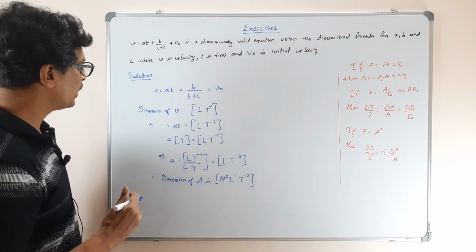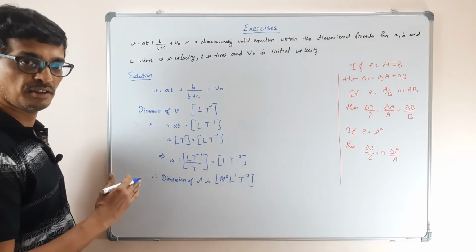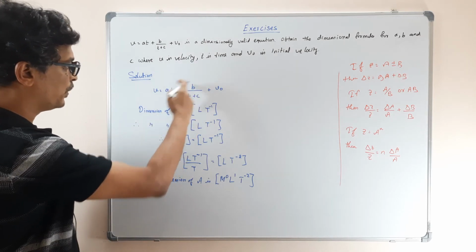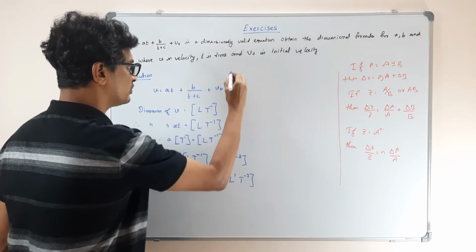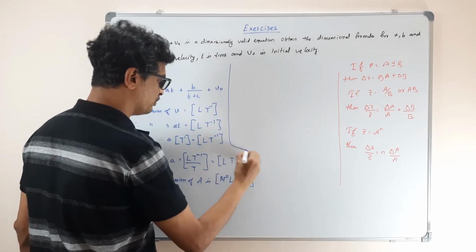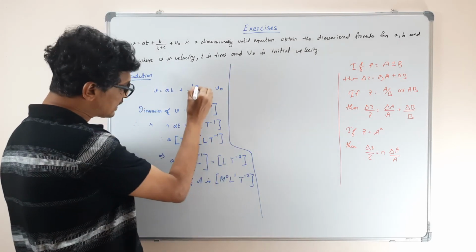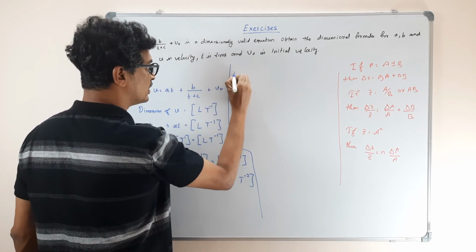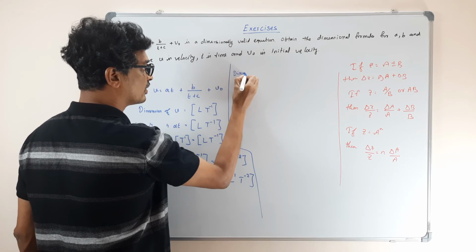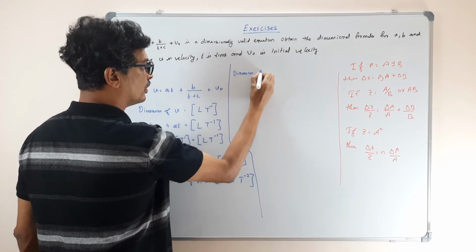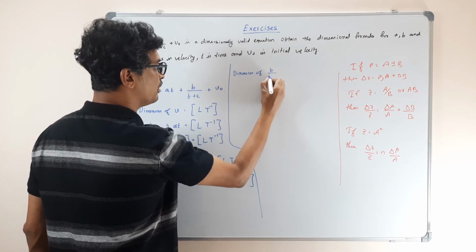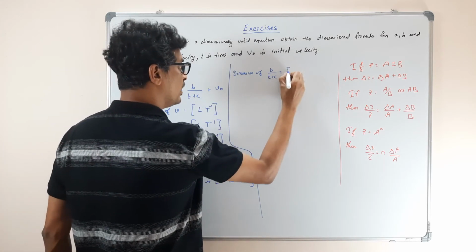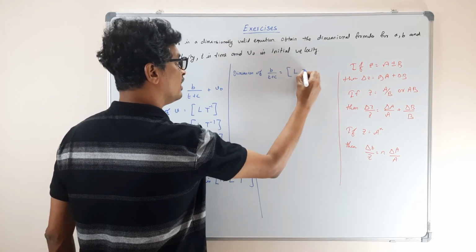So now you want to find the dimension of B. Okay, how will you find the dimension of B? This term should have the dimension of velocity, correct? So dimension of B by T plus C will be equal to dimension of velocity. That will be LT minus 1.